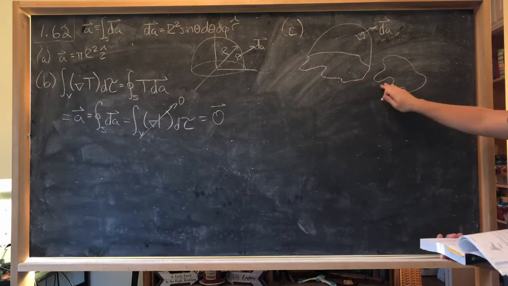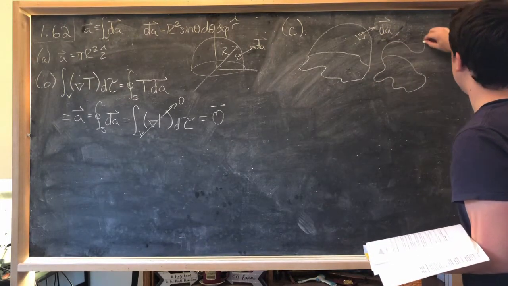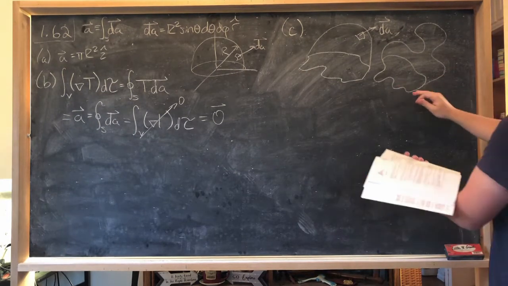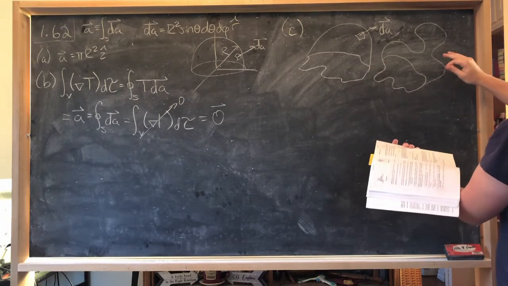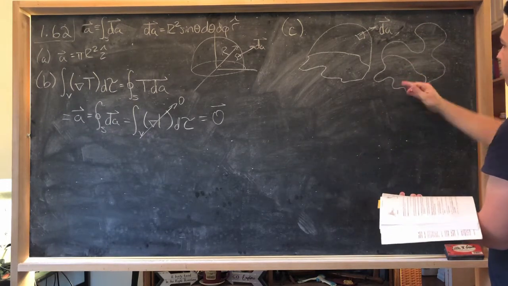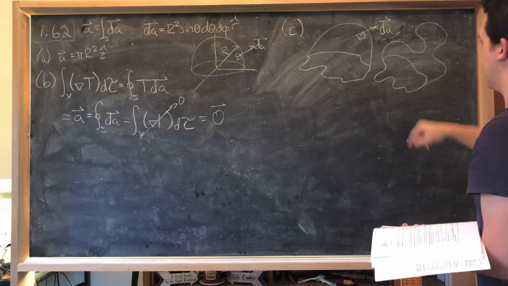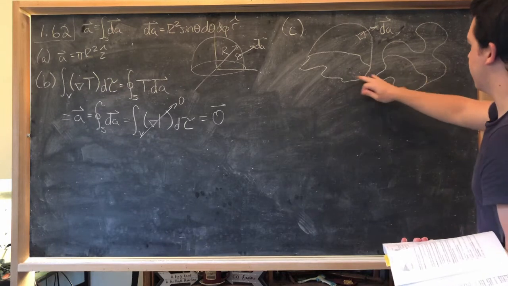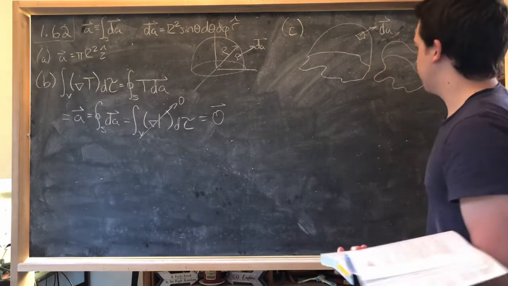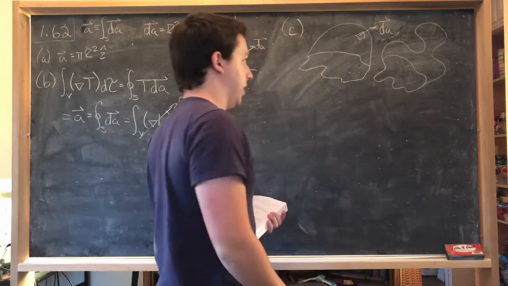Not perfect, but let's imagine that these two boundaries are the same. And the surface doesn't have to be the same. It could be kind of like that. So you imagine that this is sort of like some closed surface that wraps around and has this part opened down here. So this would be the boundary for this surface. And if we're saying that these two boundaries are the same, then in principle, how do we show that these two things have the same vector area?